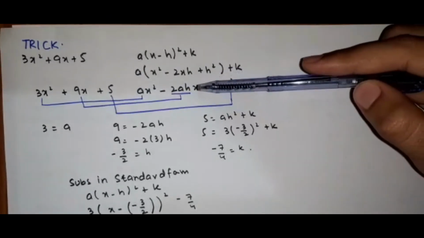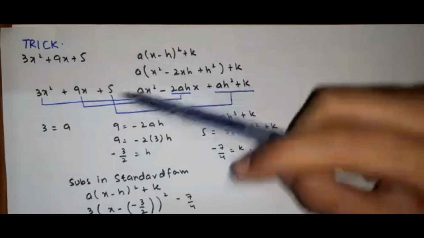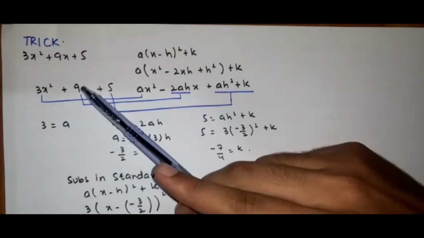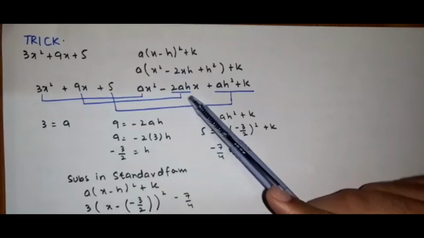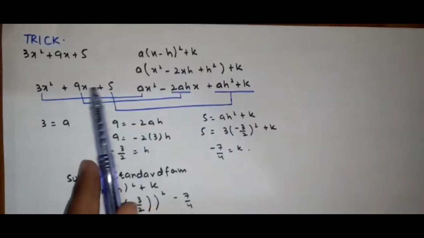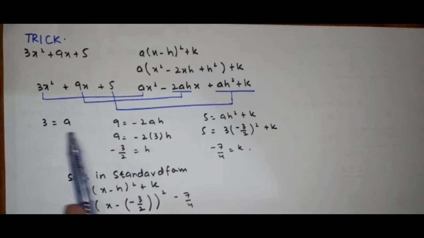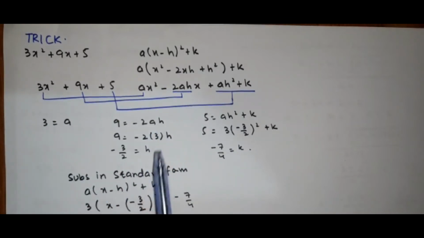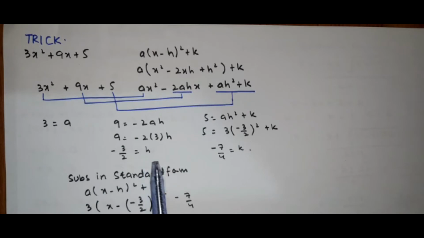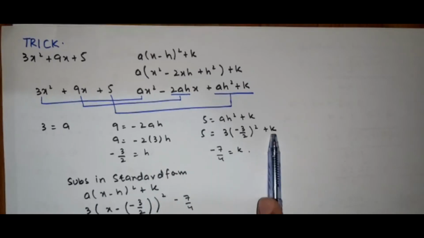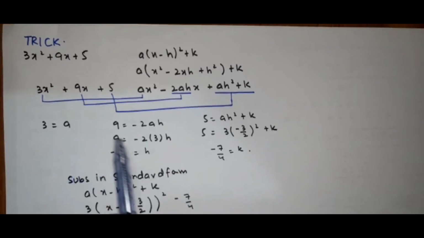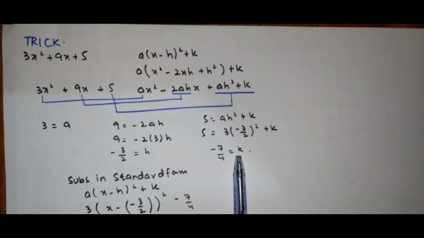By comparing, we come to know that here a becomes equal to 3, 9 becomes equal to -2ah, and 5 becomes equal to ah² + k. So from here we are going to substitute the value of a here so that we get the value of h. Now we have to find the value of k. So we are going to substitute the value of a and h to get the value of k.